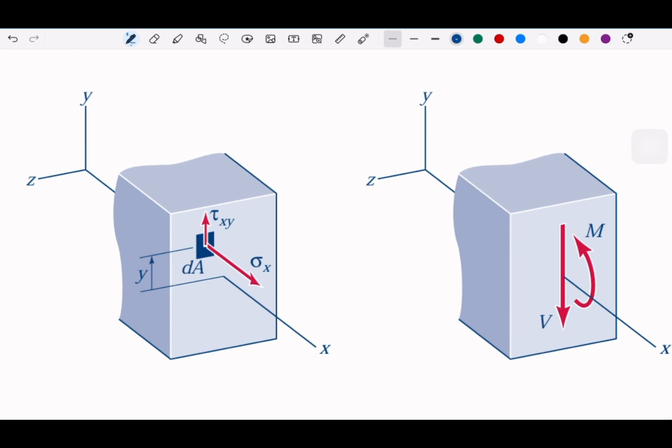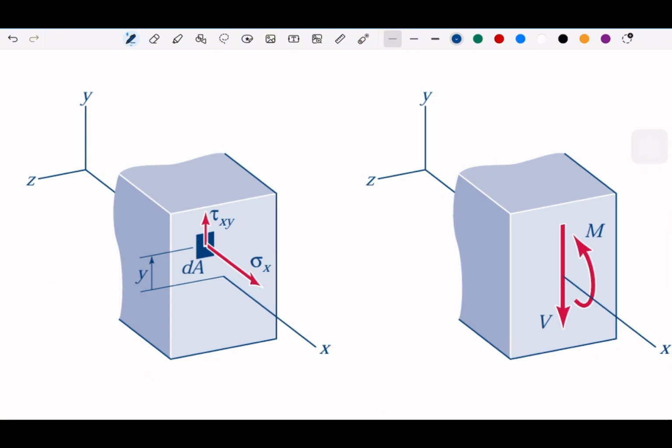And then using the normal stress with the distance between the center of mass and the origin, which is y, that will be the definition for the moment, right? I think we have done this in the early chapter 2.